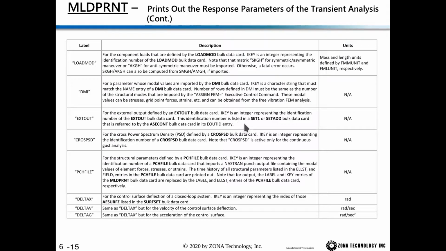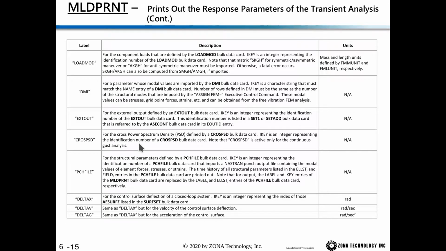EXTOut allows you to refer to an EXTOut bulk data card, where I key is the integer of that EXTOut bulk data card. So if you have a control system where you want to measure some value from that control system, or you have a complicated combination of sensors, and then you're measuring that from an EXTOut card, you can do that this way.